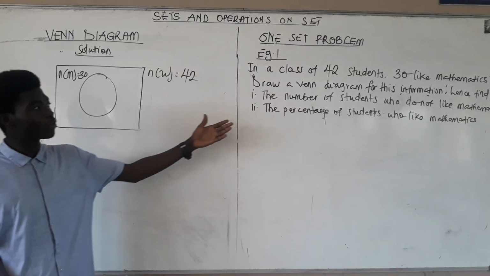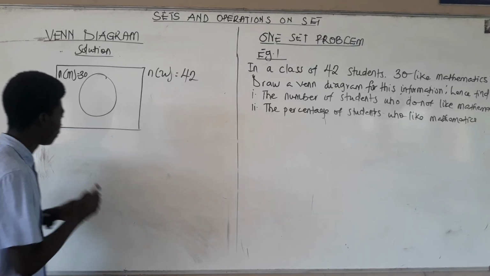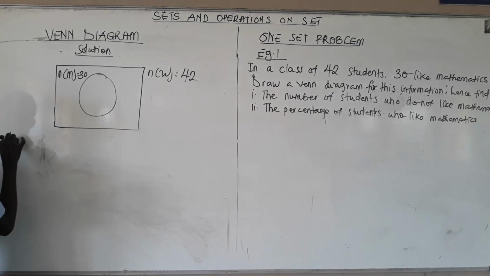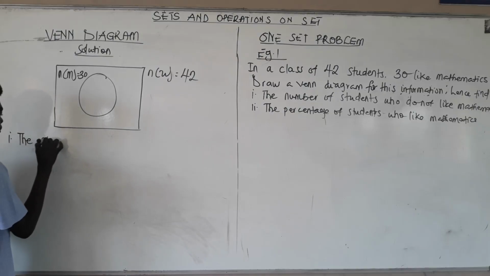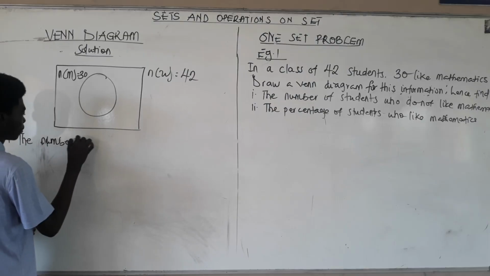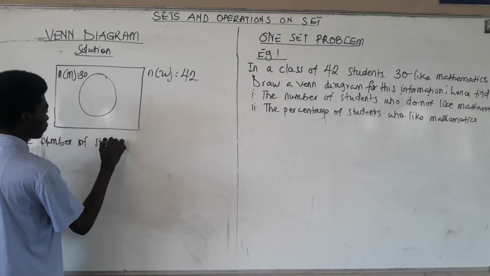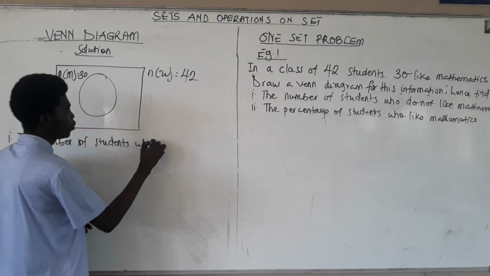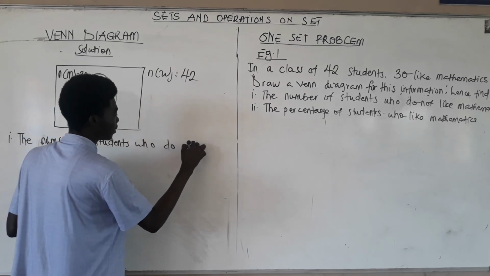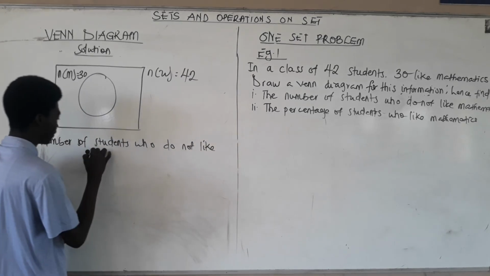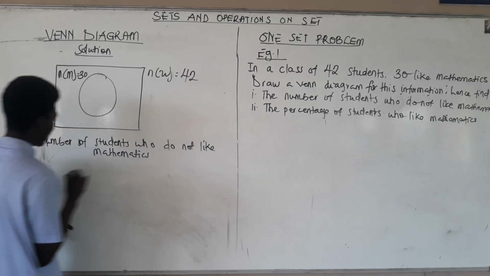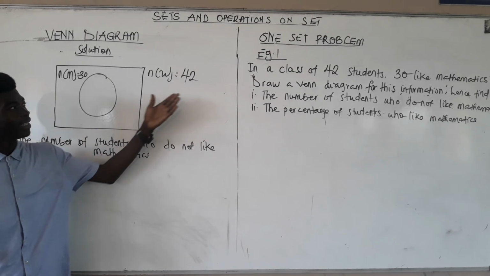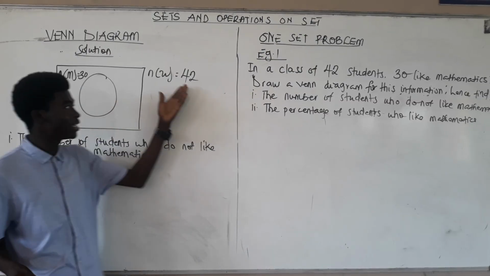Now let's find the number of students who do not like mathematics. It is going to be the number of students in the class, which is the universal set.